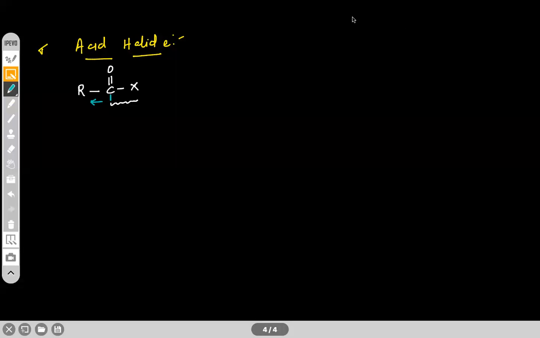Yeah, we'll do it, Shraddha. We'll finish it. Okay, so this is the acid halide we have. Symbol you understood, C double bond OX.